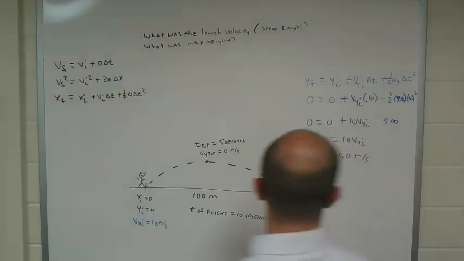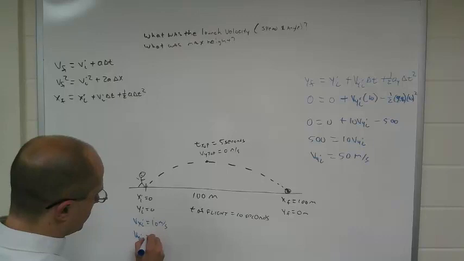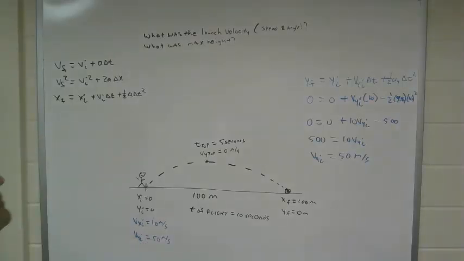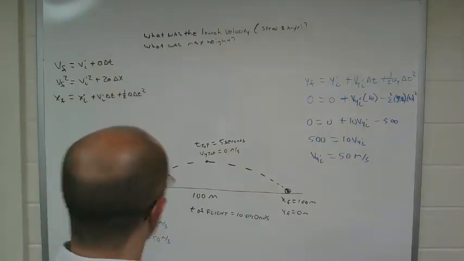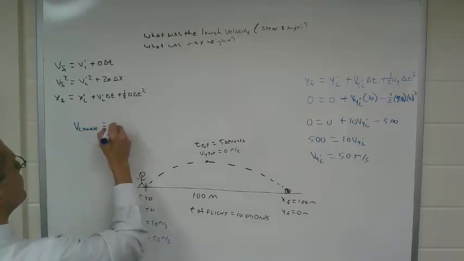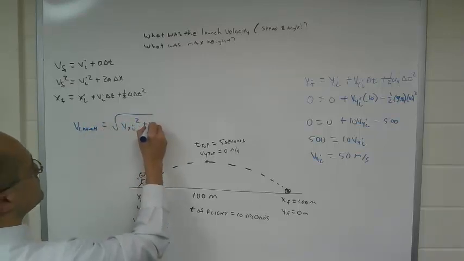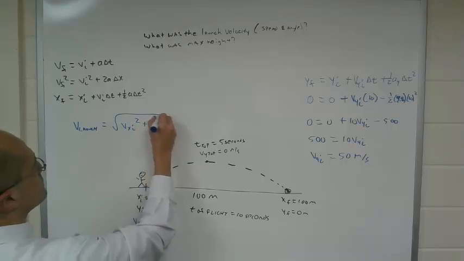So now we know Vyi. We've got a lot of information already. We haven't really done too much work. So how can we get the total velocity? Well, we remember that the velocity of the launch is the square root of Vxi squared plus Vyi squared.